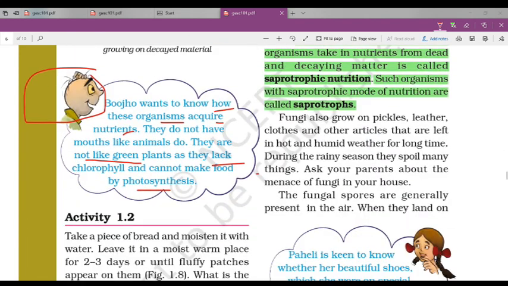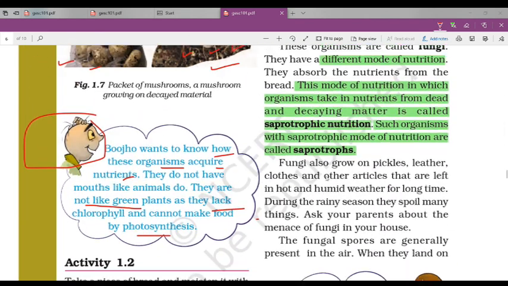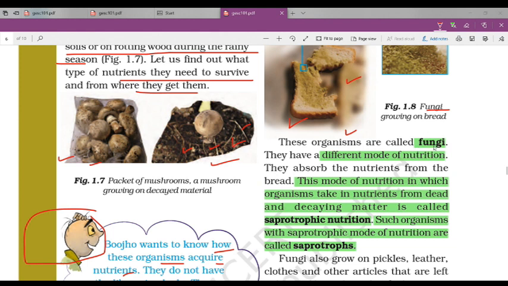That's why they are dependent on the decaying organism. They absorb all the important nutrients from there. These organisms are called fungi. As I told you earlier, these are called fungus or fungi, any word you can say.